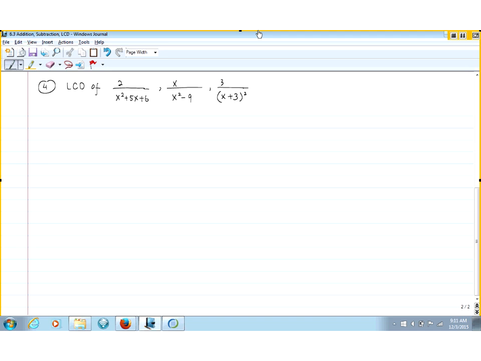So 3 things. Any idea what we're going to do? Factor out the bottom. Yes, the denominator only.